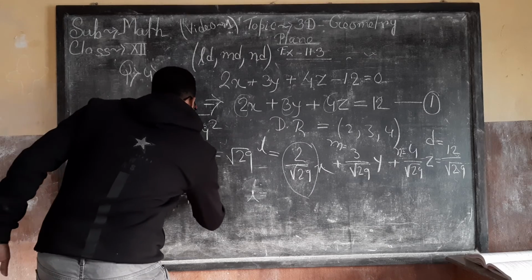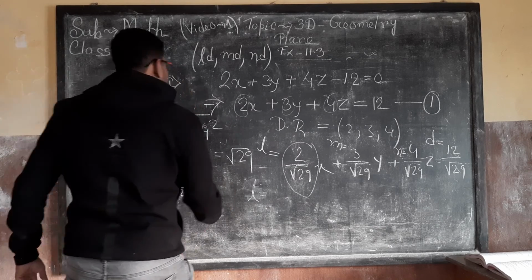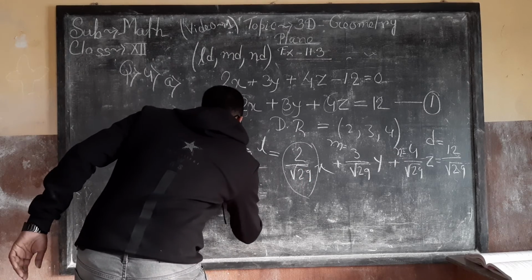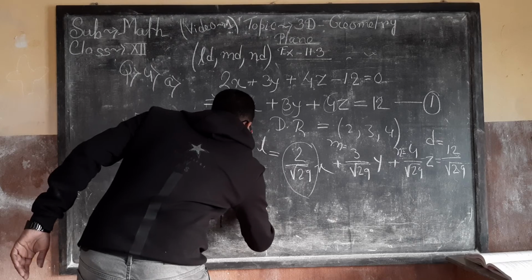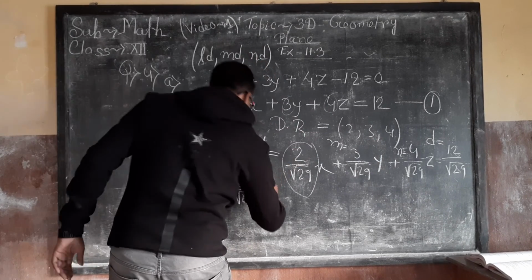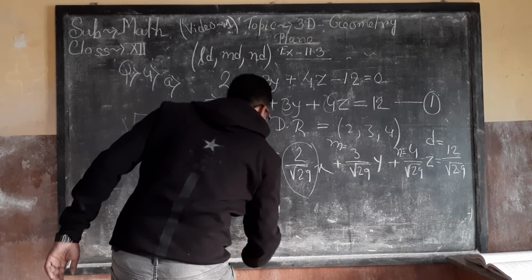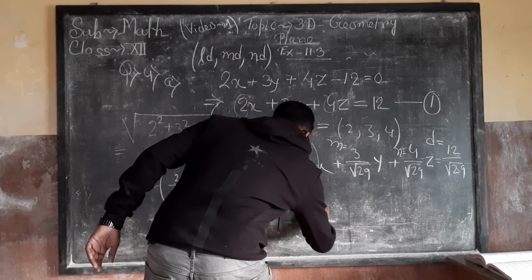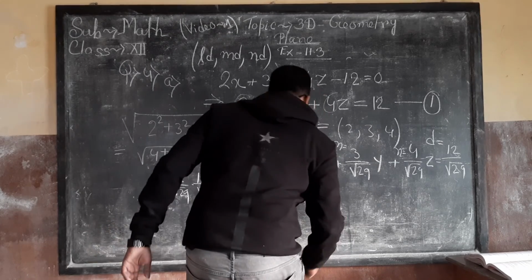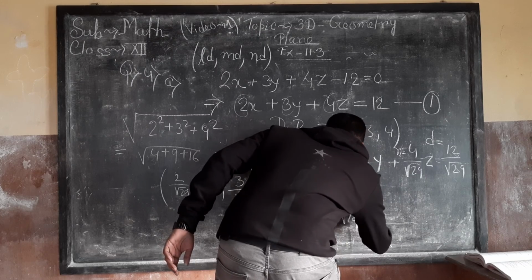Using this formula, putting the values in appropriate positions, that means 2 by root 29 into 12 by root 29, comma, 3 by root 29 dot, what is the value for d? The 12 by root 29, comma, 4 by root 29 dot 12 by root 29.